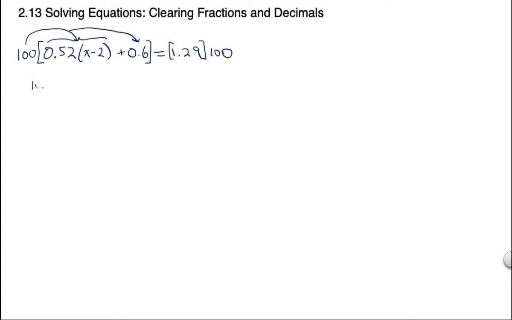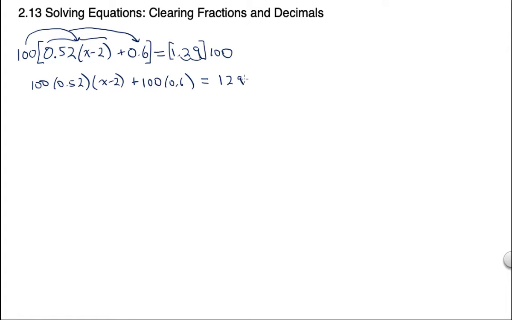So let's do that. 100 times 0.52 times x minus 2 plus 100 times 0.6. And that equals, well, we might as well do this math right now, 129. Times 100 moves the decimal place twice, so this is 129.